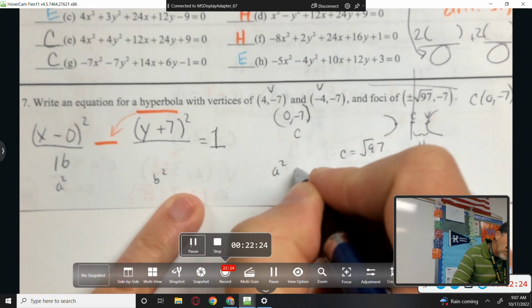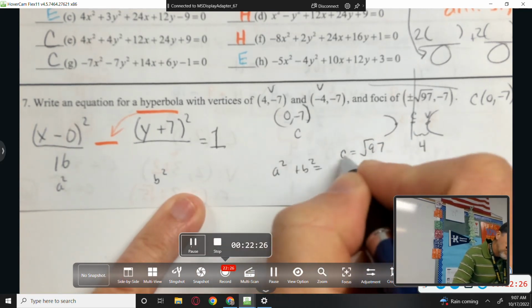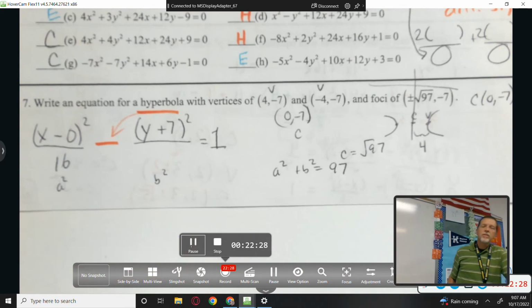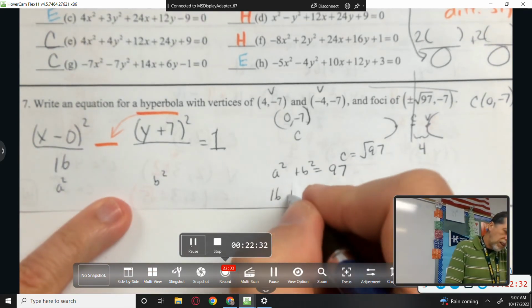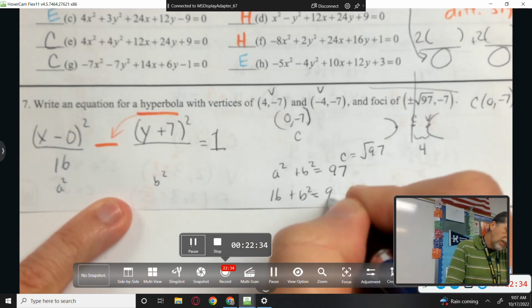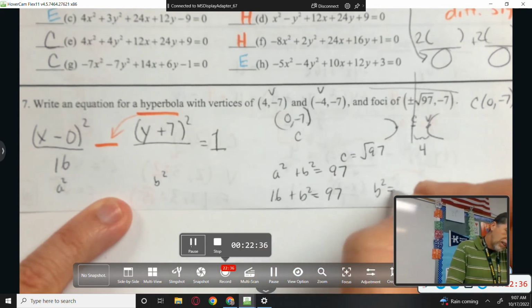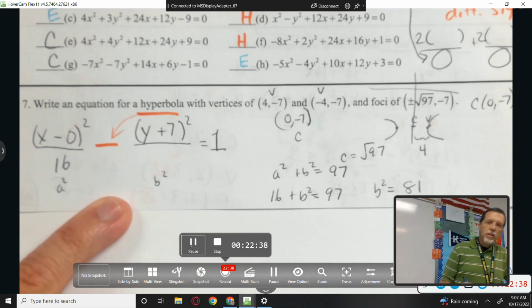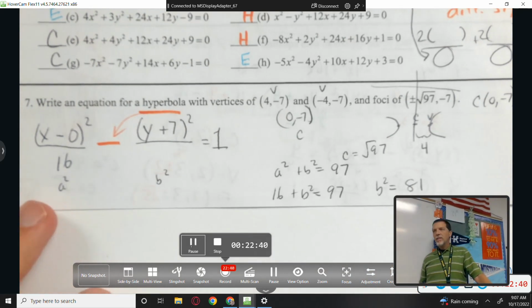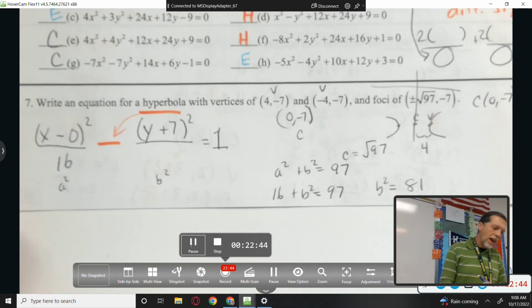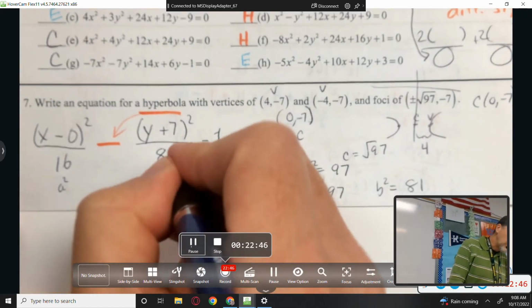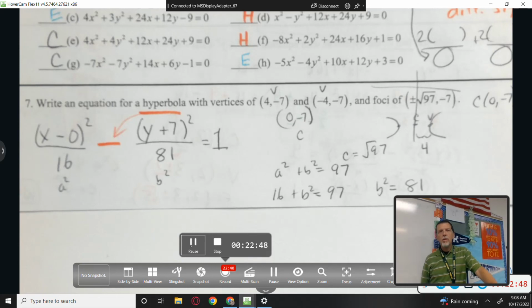A squared plus b squared equals c squared. 16 plus b squared equals 97. B squared is 81. Square root it if you want to, but you're then just going to have to square it right back because I want b squared in the equation.